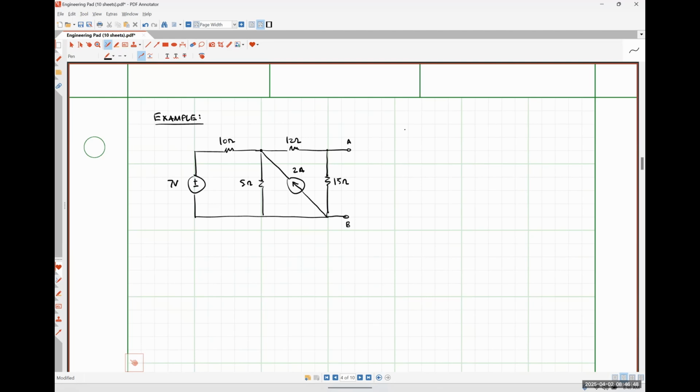And my goal here is to find the Thevenin and Norton equivalent circuits with respect to terminals A and B. And I'm going to say explicitly plus of VTH is on top and I Norton is going to be measured down.